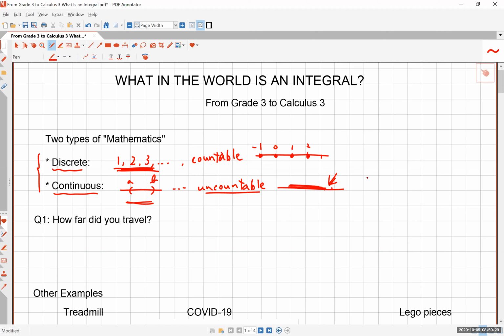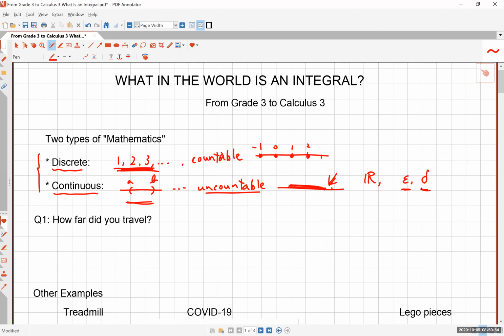So we can talk about the set of real numbers. I don't want to write infinity because it's not a number. When we talk about an epsilon delta proof, you know that epsilon is an arbitrarily small positive number. Whenever we talk about these things, we are talking about continuity, and the word continuous has to do with epsilon and delta.